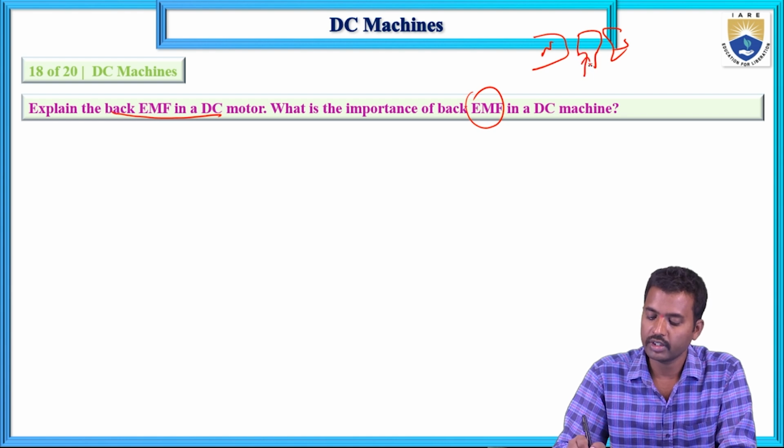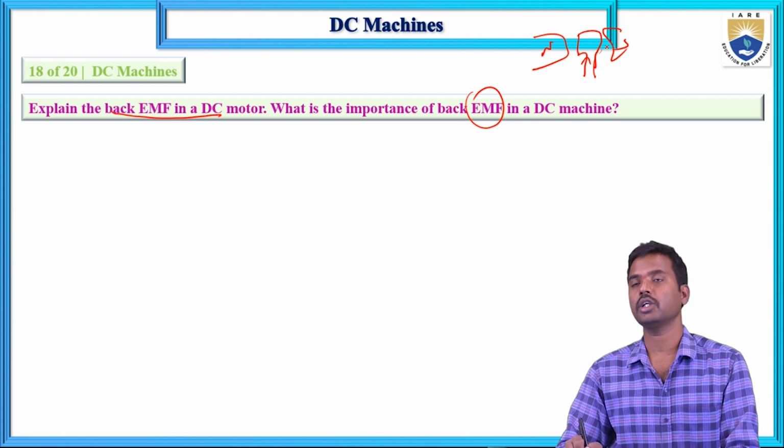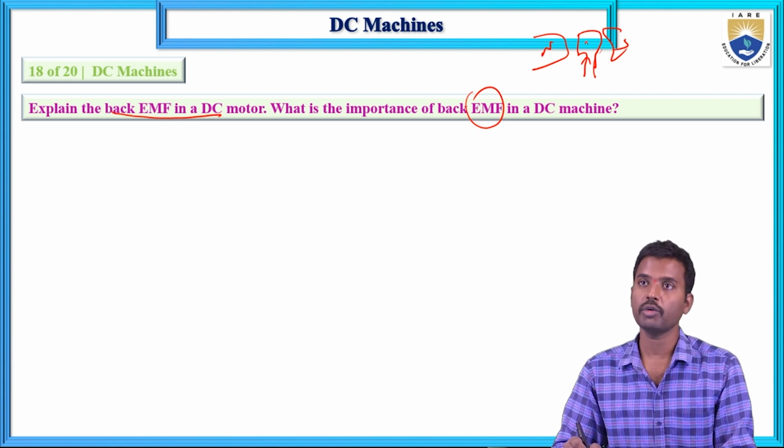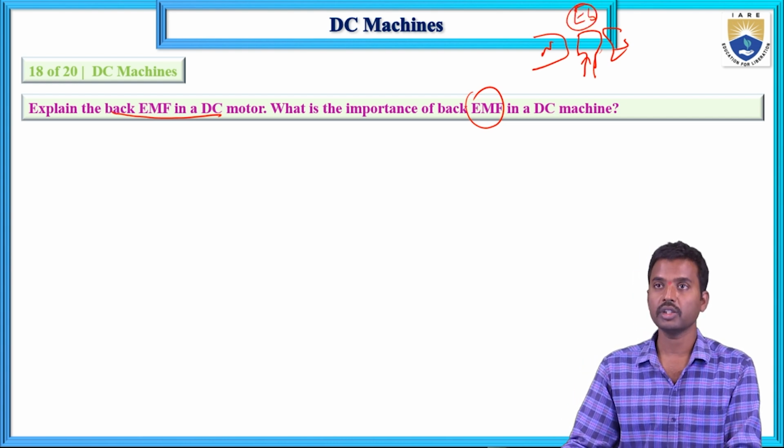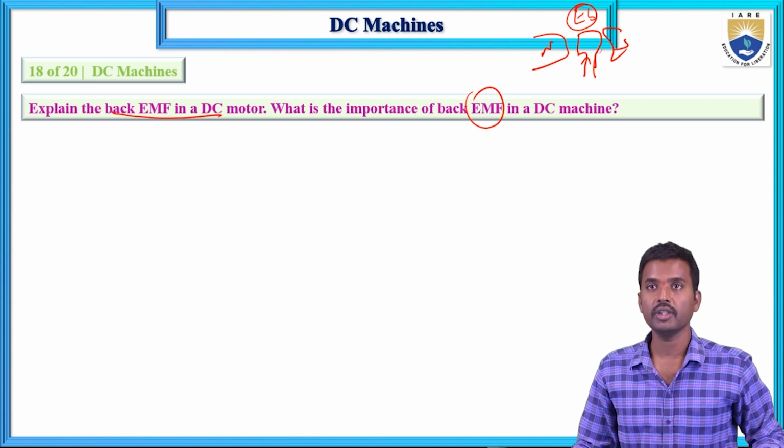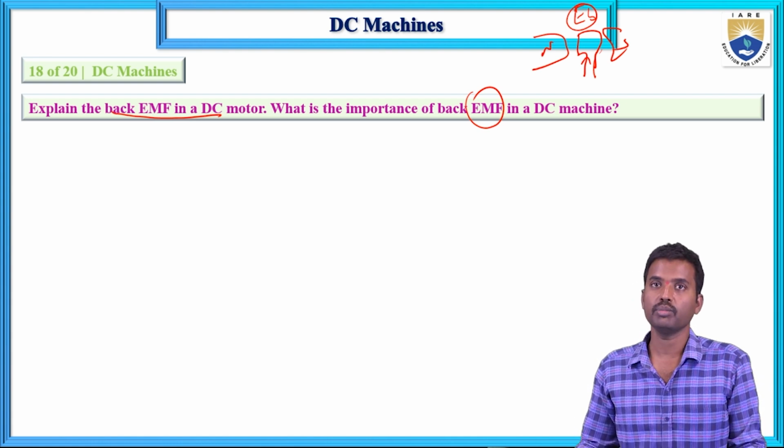When the conductor carries current, mechanical energy is developed on the armature core and it rotates. When it is rotating, a conductor rotating in a stationary magnetic field has a counter EMF developed, which is known as EB. That importance I also explained in the working principle of the DC motor.